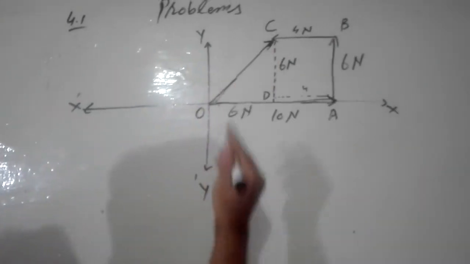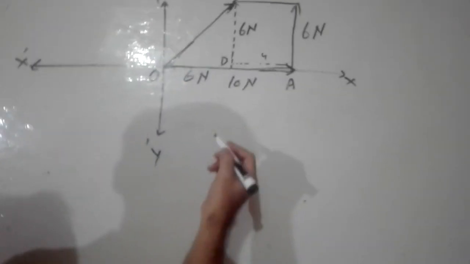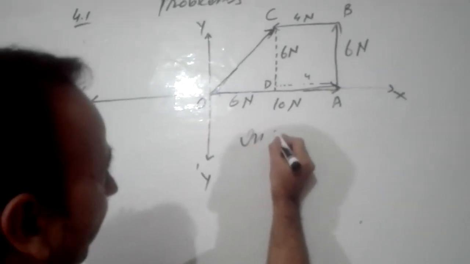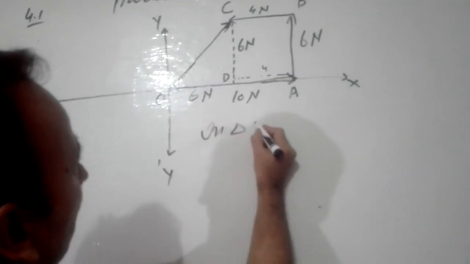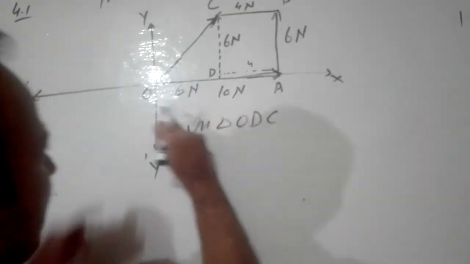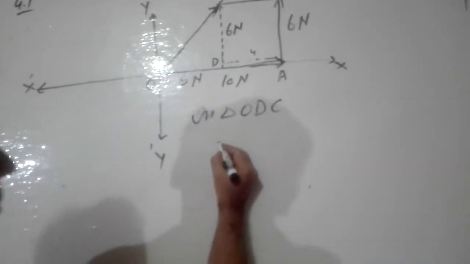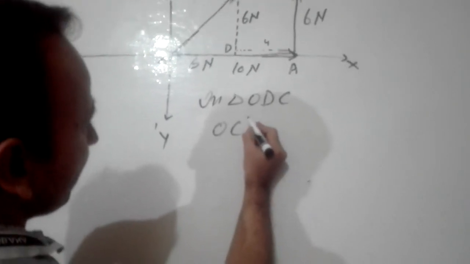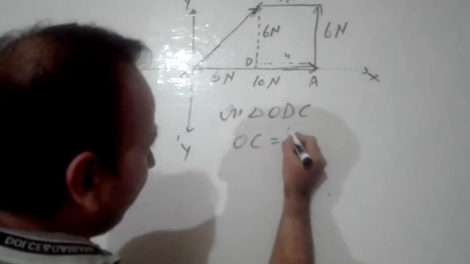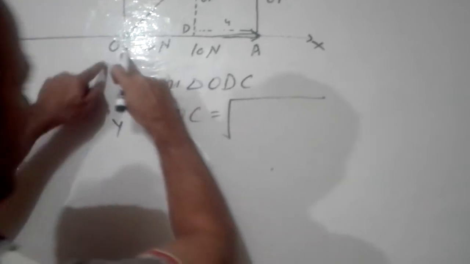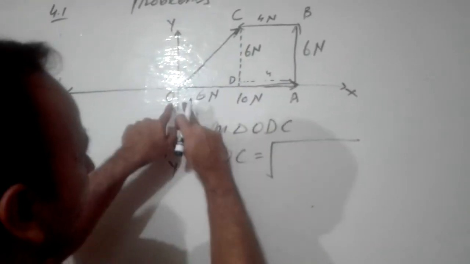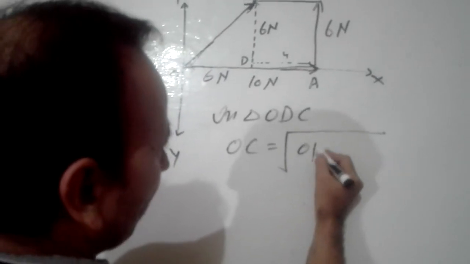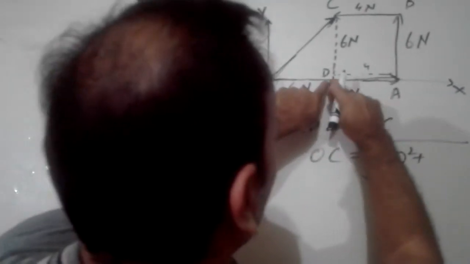Now you can see that in the right angle triangle ODC, according to Pythagoras theorem, you can apply the direct formula. The magnitude of OC is equal to the square root of, this is the horizontal component OD, so I will write square of OD, and then square of DC.